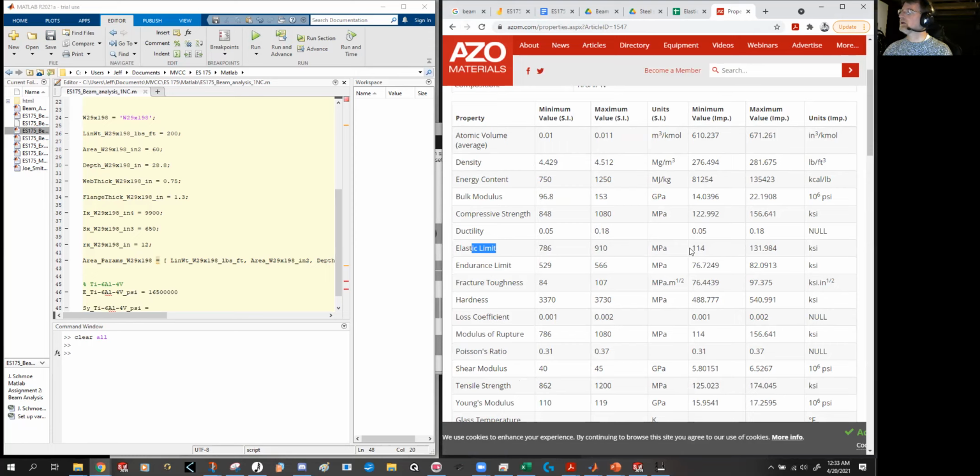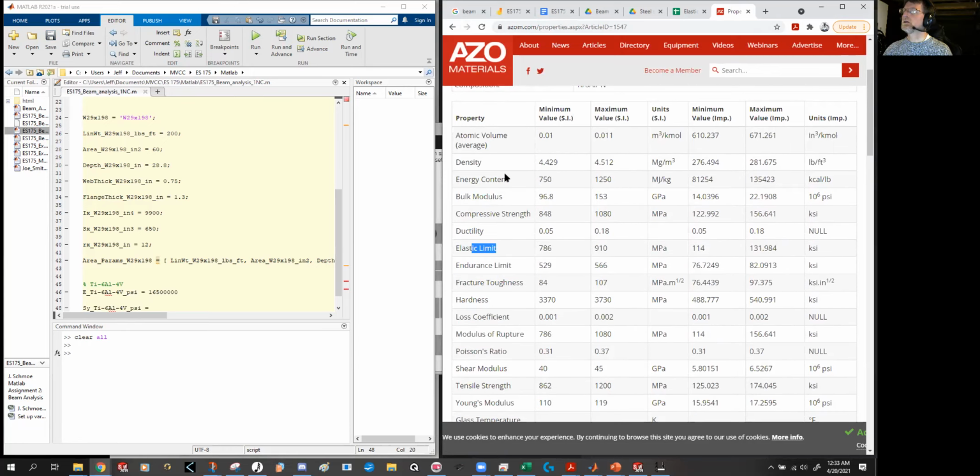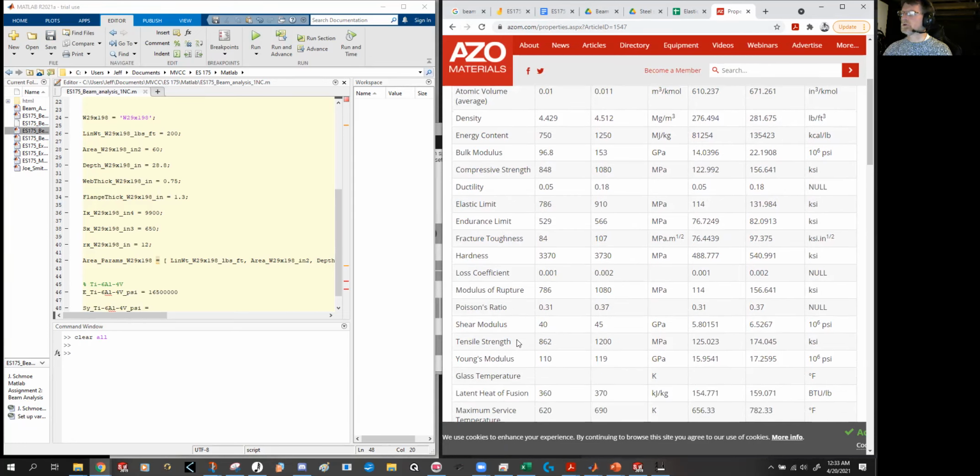Okay, and it's got it at, oh, that's definitely less than that in KSI. So the maximum tensile strength is way up high like this.